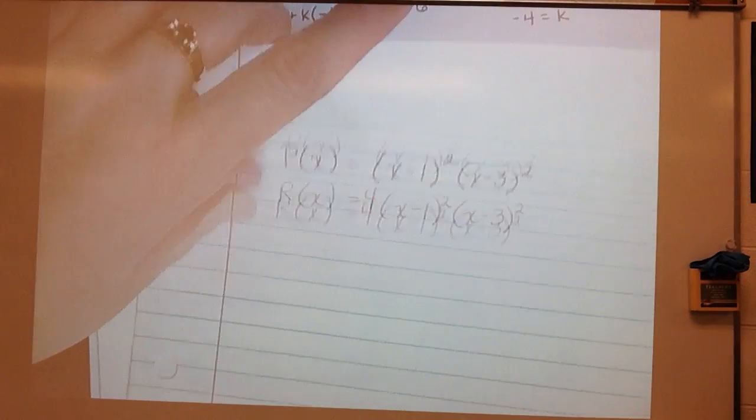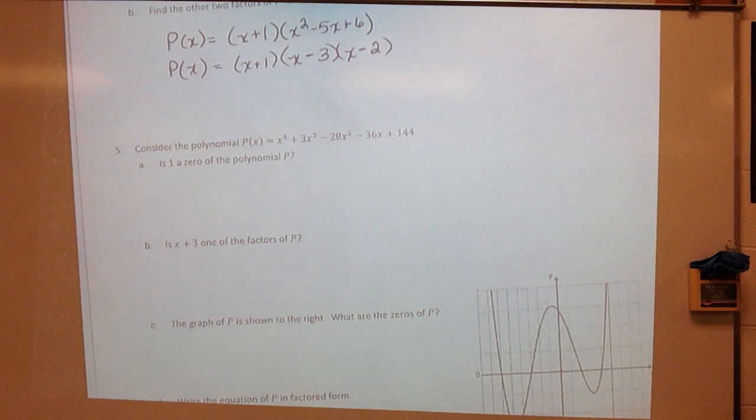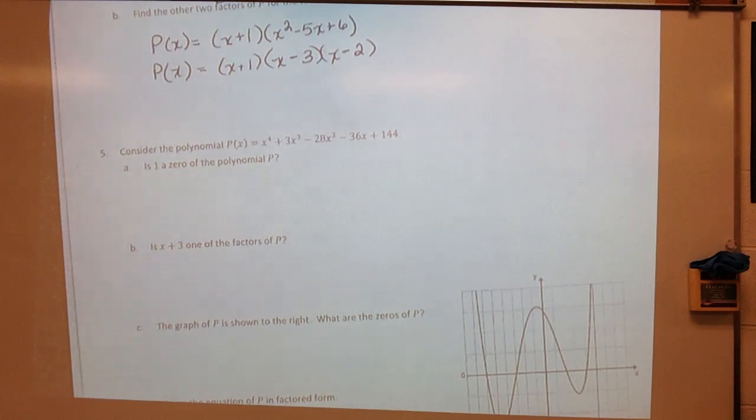Alright, so let's look at example number 5. Consider the polynomial p of x is equal to x to the 4th plus 3x cubed minus 28x squared minus 36x plus 144. So it says, is 1 a zero of the polynomial p?